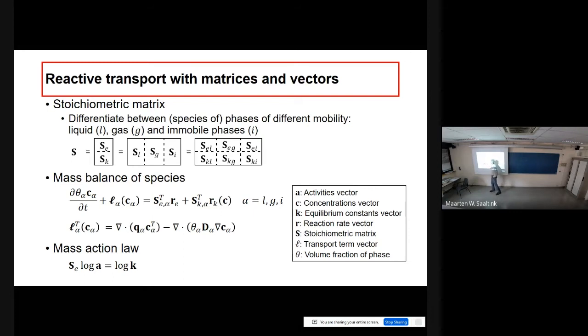And then I can make a mass balance of each species, and I put this as a vector of concentrations, and this is the transport term. Then I just have this stoichiometric matrix times the reaction rates, the equilibrium reactions and kinetic reactions.